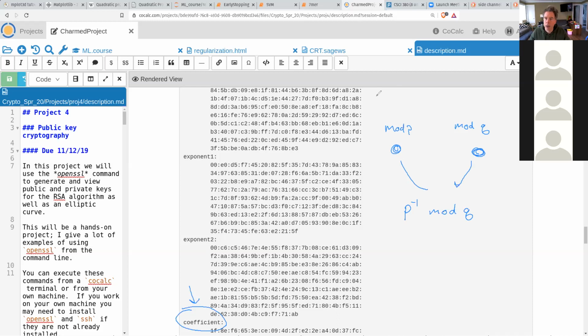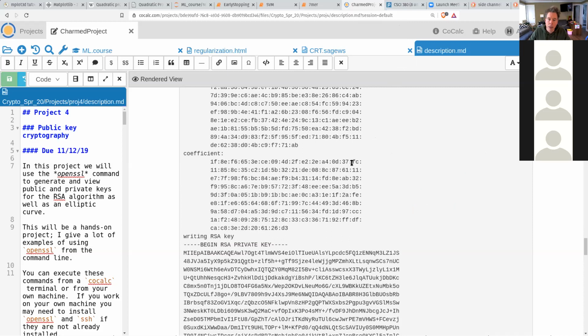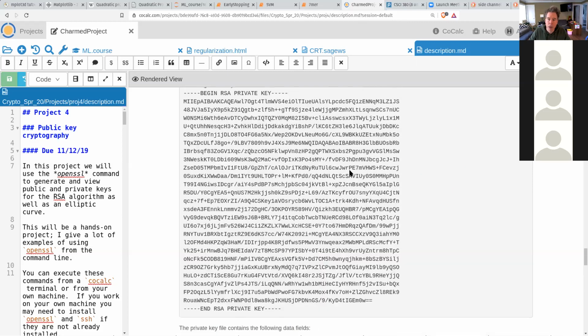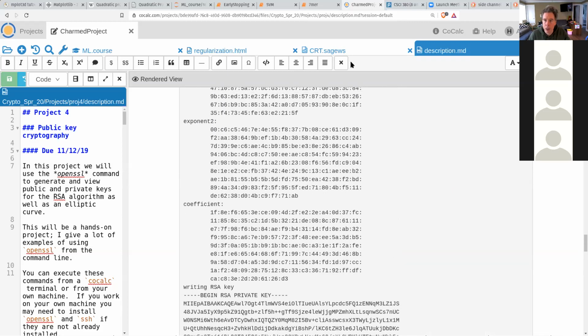I'll go back to the Chinese remainder theorem worksheet here in a second, and I'll show you where the coefficient shows up in that formula. So let me clear all the drawings here and get rid of that. Okay, and then this is just the encoded version of that same information.